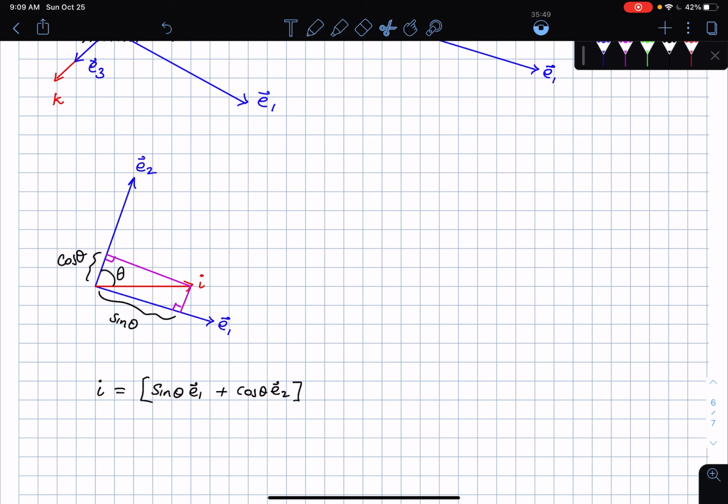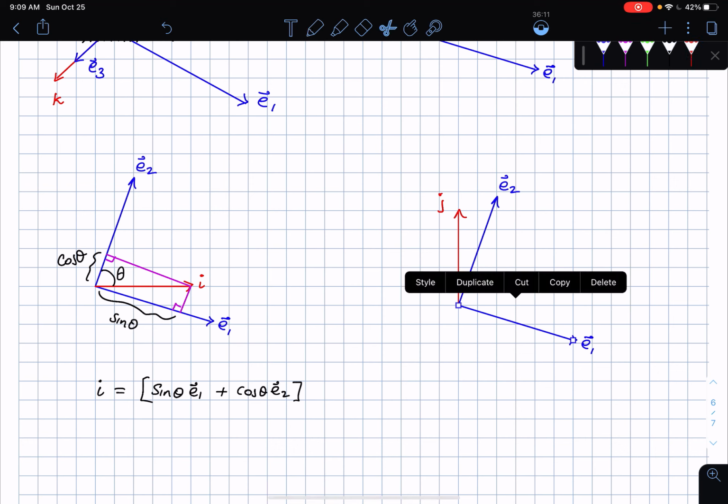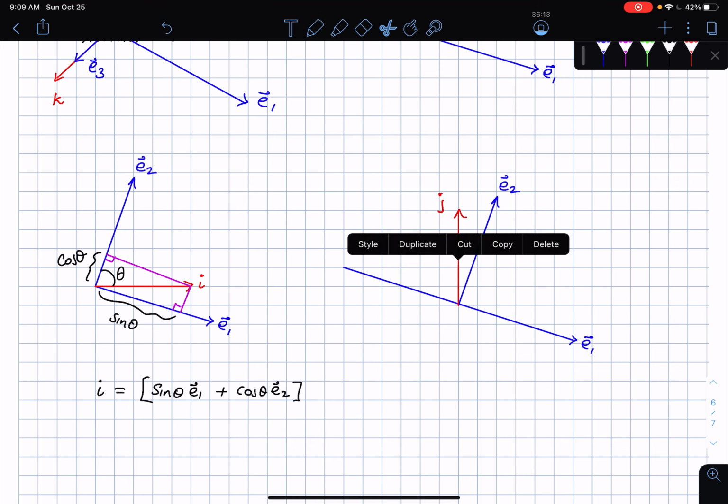Then the other one I'm going to do is between J and the E1 E2 directions. That's also something that we need at some point. We may not need it right away, but it is useful to have it. So here this is the J direction, which automatically tells me that I need to take E1 and then extend it on the other side so that it happens to be this way.